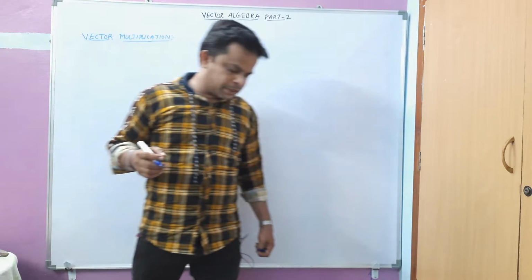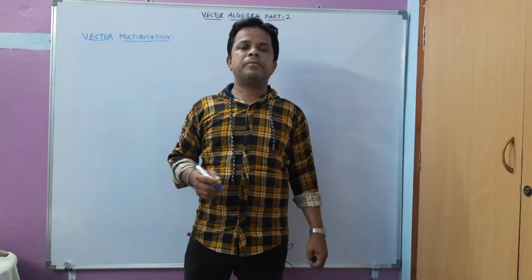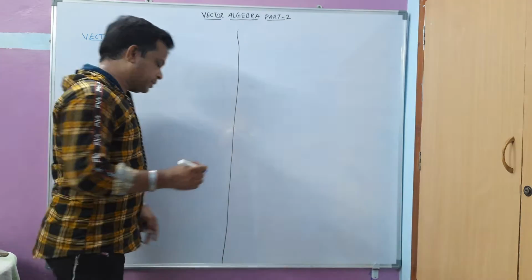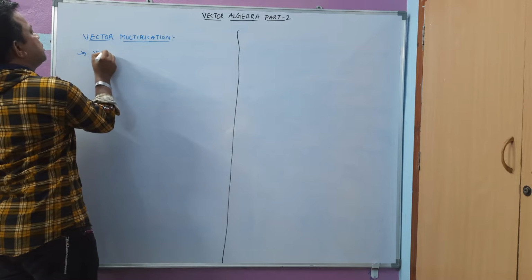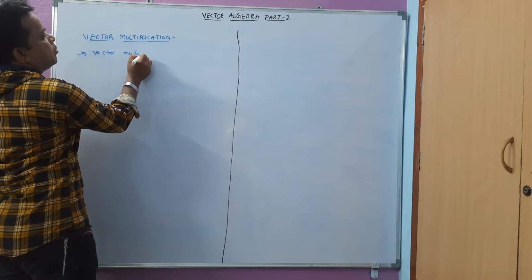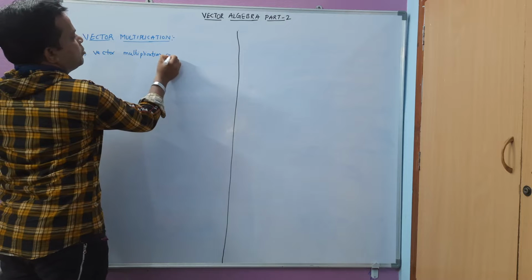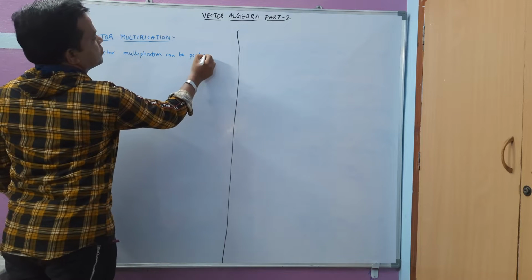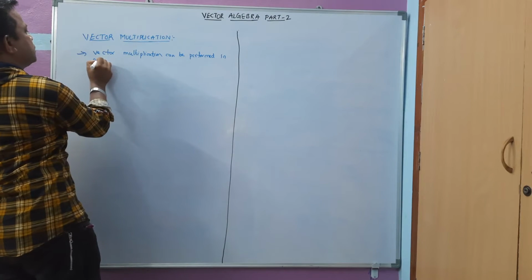So vector multiplication can be performed in two ways.